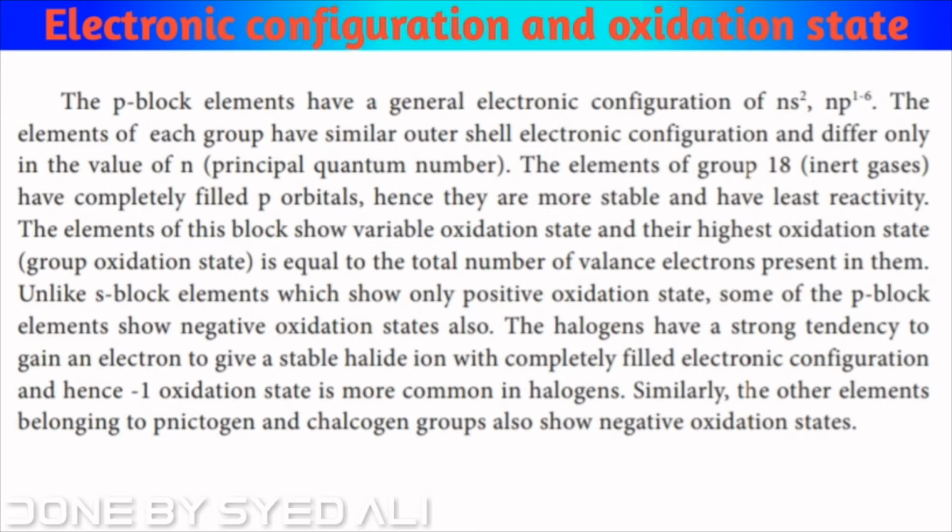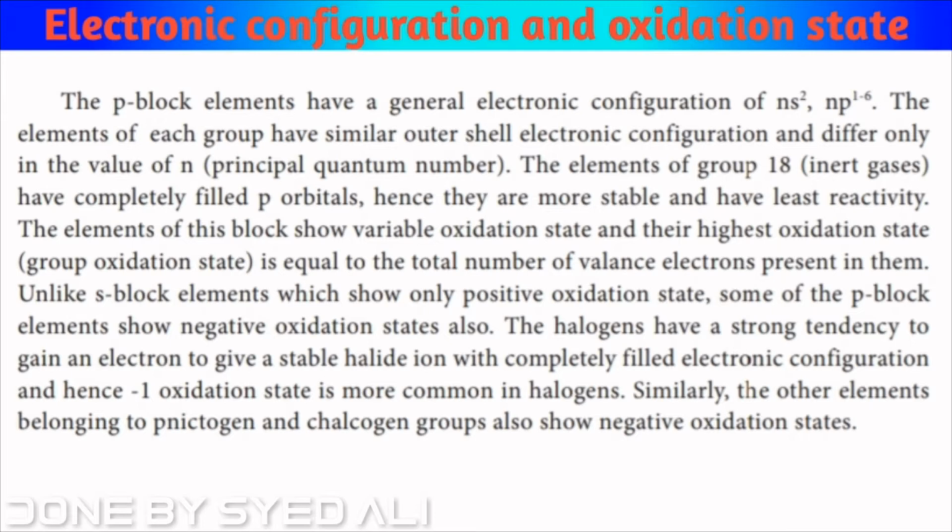The elements of this block show variable oxidation states, and their highest oxidation state, that is, group oxidation state, is equal to the total number of valence electrons present in them. Unlike S block elements which show only positive oxidation states, some of the P block elements show negative oxidation states also.